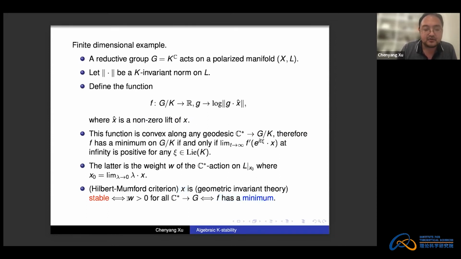One is just looking at all the C-star subgroups of G. Another one is more global, which is GIT stability. But actually GIT is not the right notion for Fano varieties.